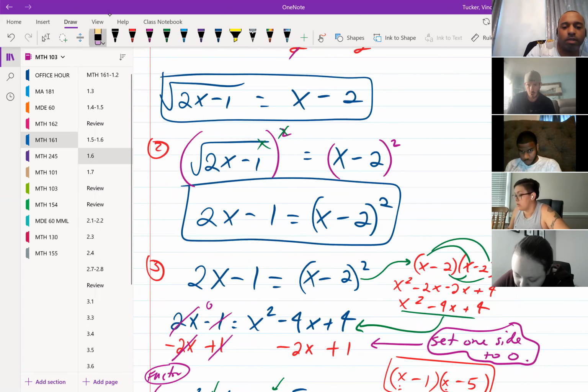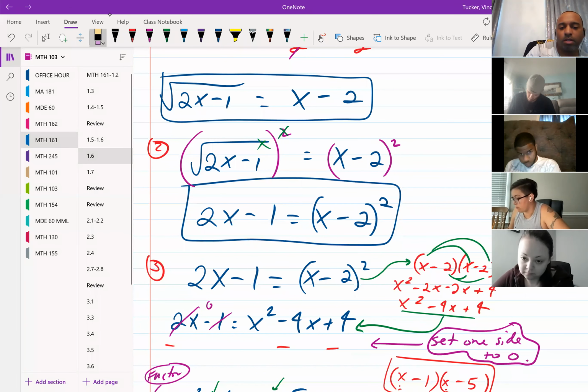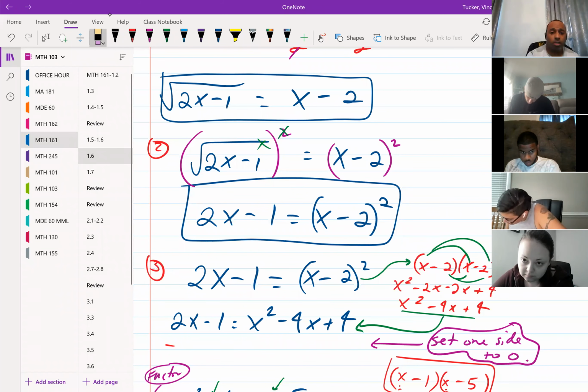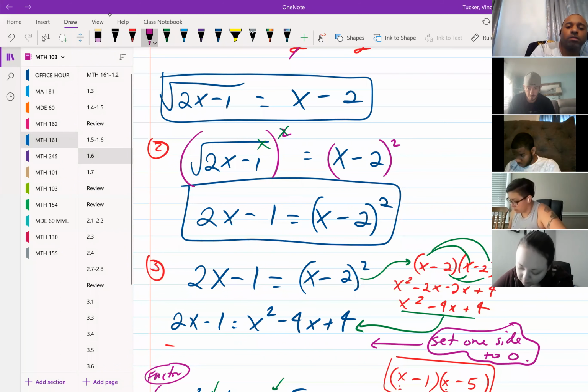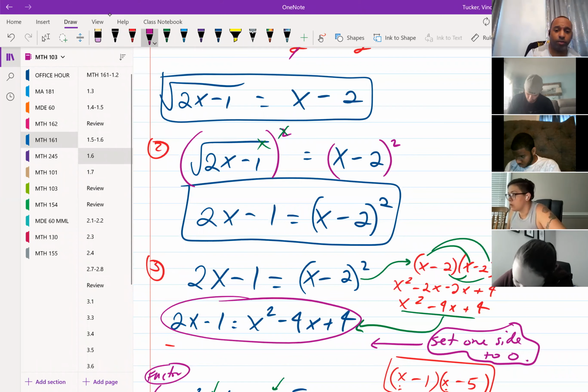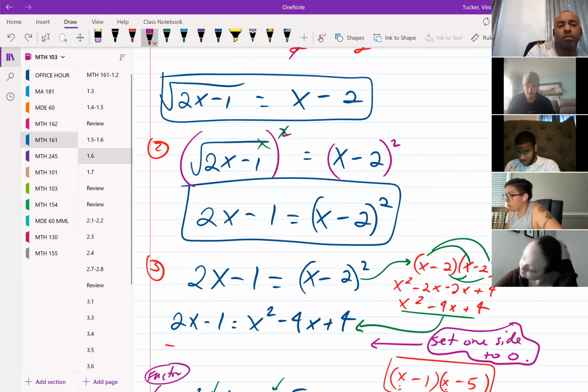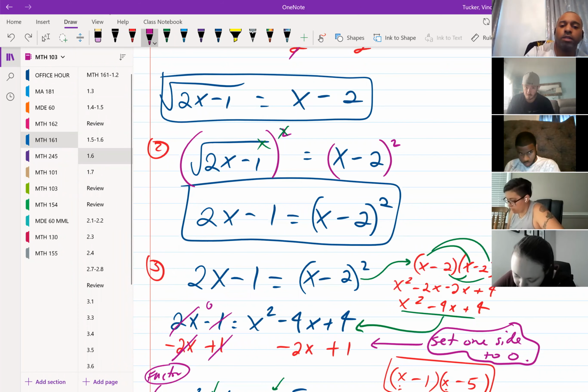All right, so let me erase this. I'll put it back in a second, but this is where we should be: 2x minus 1 equal to x squared minus 4x plus 4, after you multiply x minus 2 times x minus 2. Now you want to set one side equal to 0. So I will subtract 2x from both sides and add 1 to both sides.